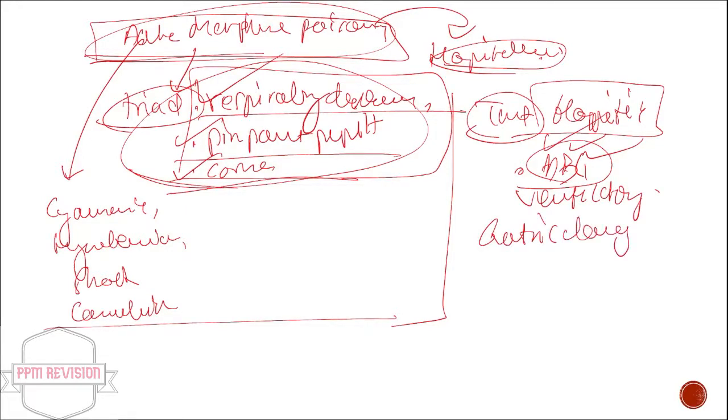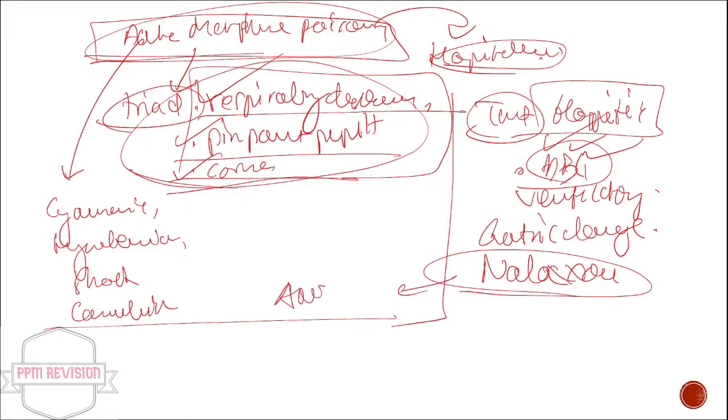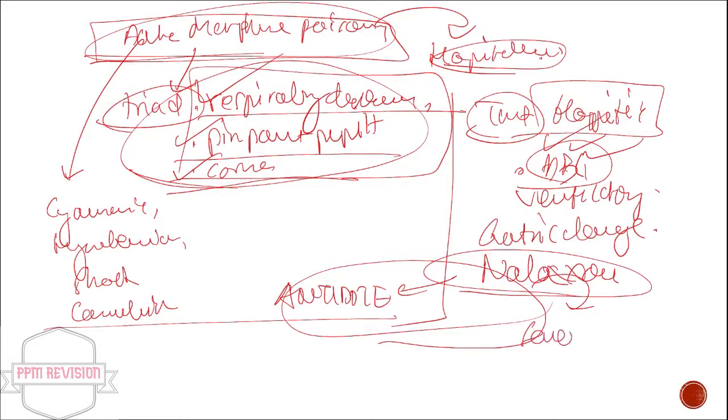There is also a specific antidote, naloxone, which can be administered, but it should be done with caution because there can be severe withdrawal symptoms as well.